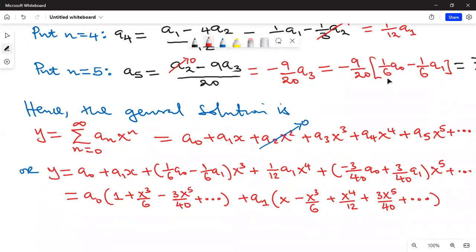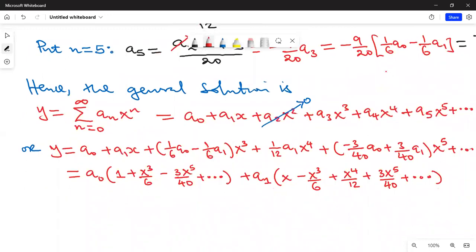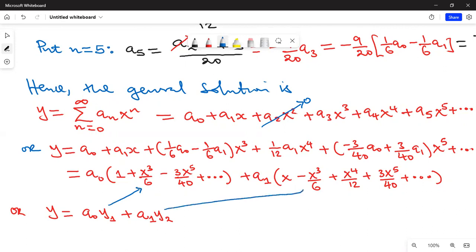This can be written as, this is the same as, y is equal to a0 y1 plus a1 times y2, where what I'm calling y1 is this one here, and what I'm calling y2 is this other bracket.